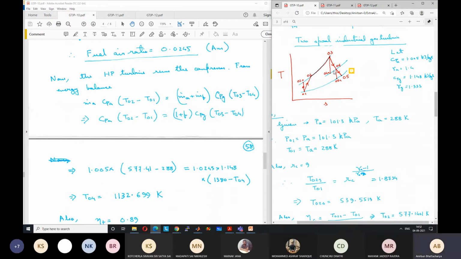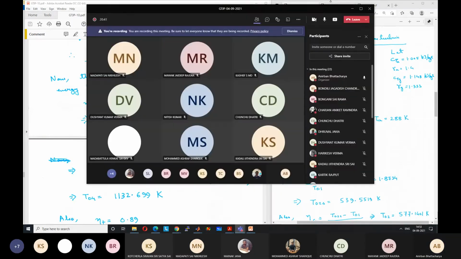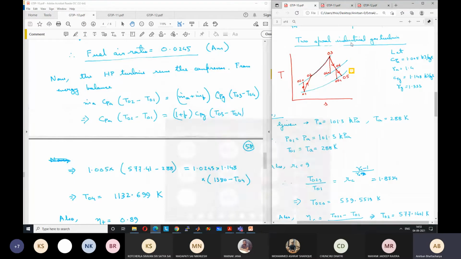To find out the efficiency, what do we need to find out? What will be the efficiency in this case, for this realistic gas turbine? Can somebody please reply? How will you find it basically? I'm not looking for the exact formula.